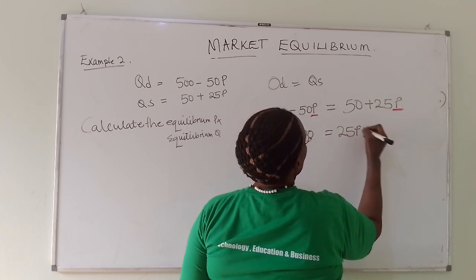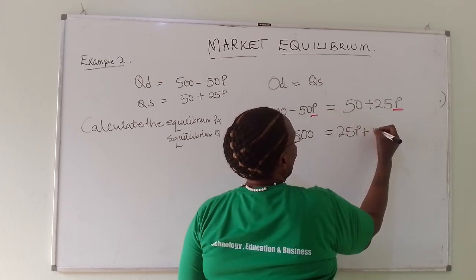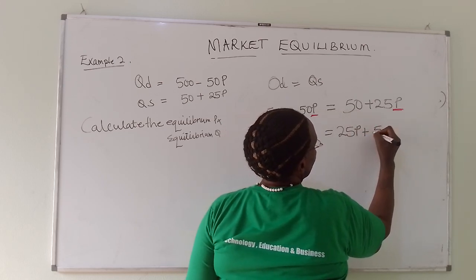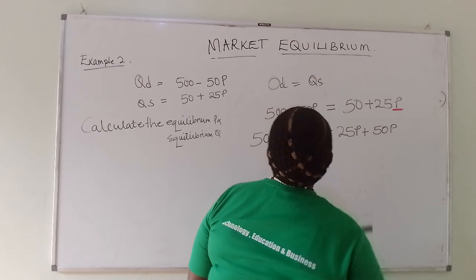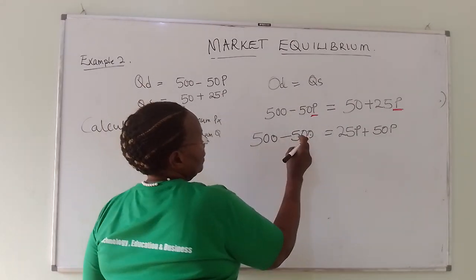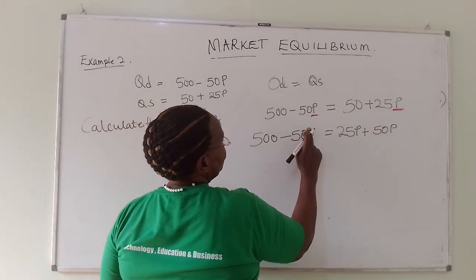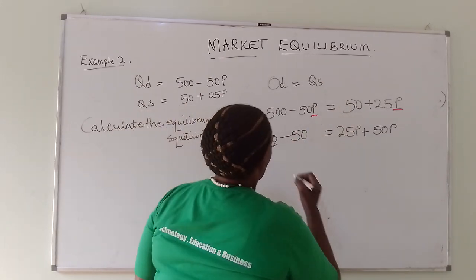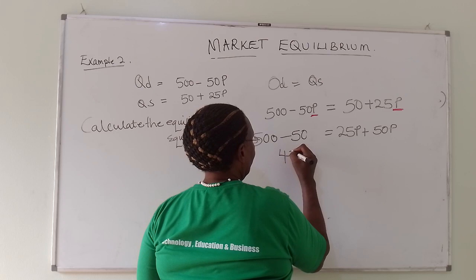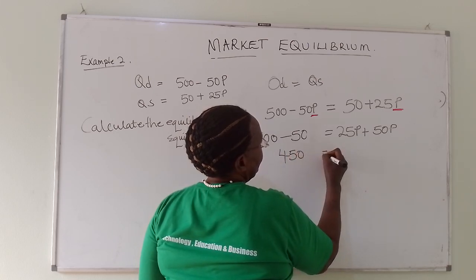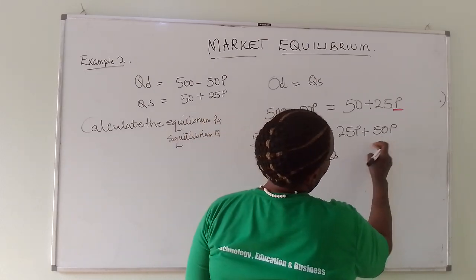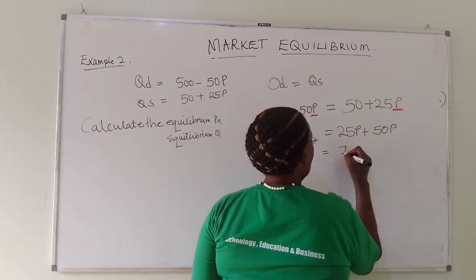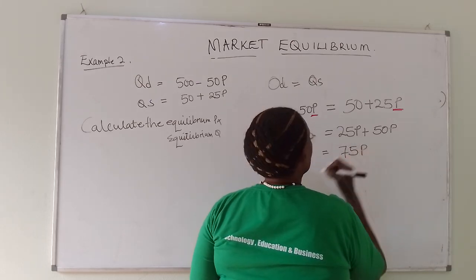If it was negative here, now it becomes a positive, and it is now 50p. 500 minus 50, we remain with a value of 450. Yet 25p plus 50p is going to give us 75p.